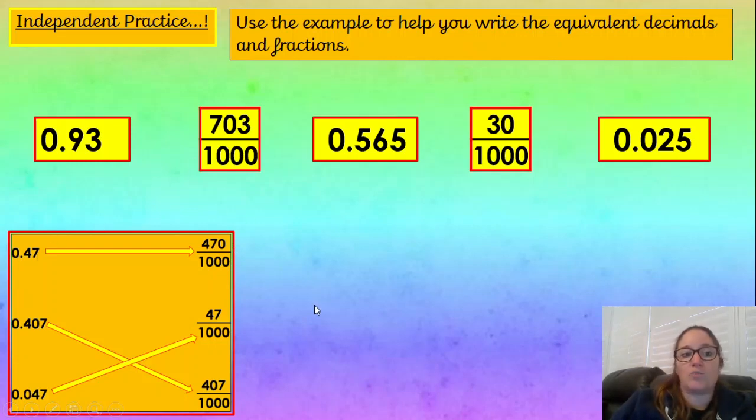So you can just write 0.93 equals, and then the fraction over 1,000. This here isn't the answers, it's just to remind you of the hundredths, tenths and thousandths that we've got and their equivalent fractions. So as I say, pause the video, have a go, write that down in your books and come back when you're ready to move on.